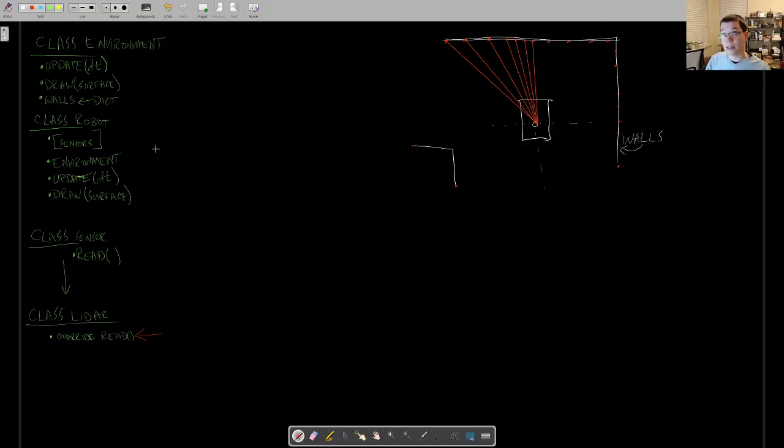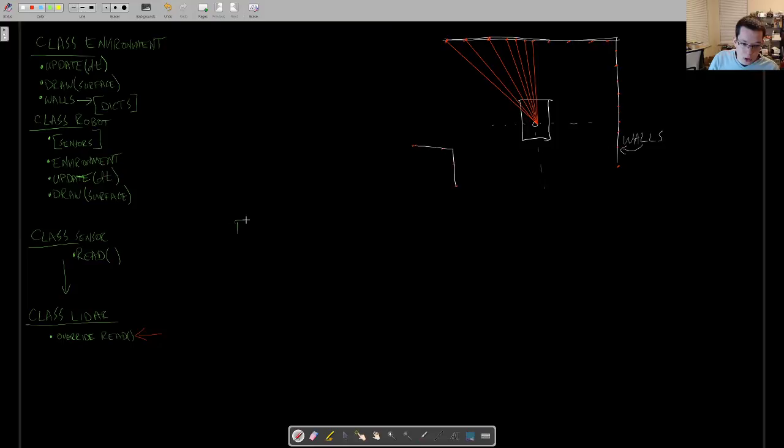It's going to be a list of dictionaries. I think that is the way I want to do that. And so the way I want to do read, this guy is going to iterate over the list of walls and project the point onto the wall and figure out where that point is.